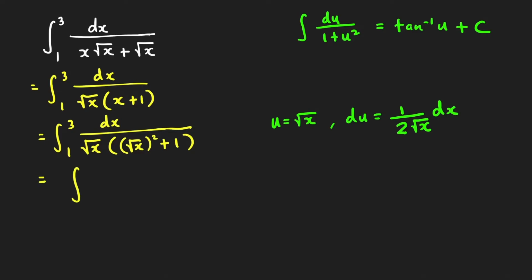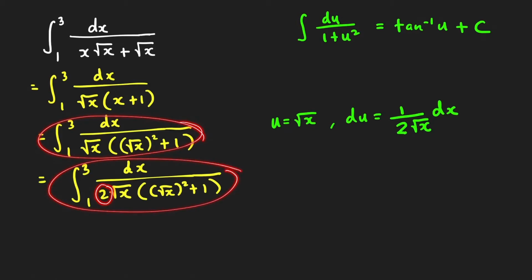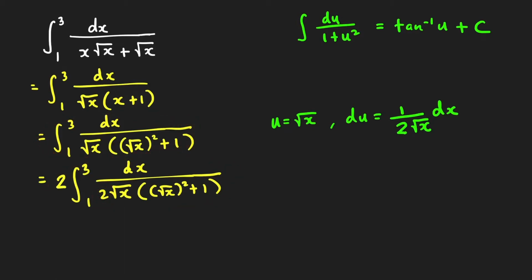Now we can write our integral in this form. To produce the du, we need dx over 2 square root of x. And then we have the same thing, square root of x quantity squared plus 1, from 1 to 3. But because of the 2 here, to make these two integrals equal, we have to multiply this integral by 2. Now we can already do the substitution.